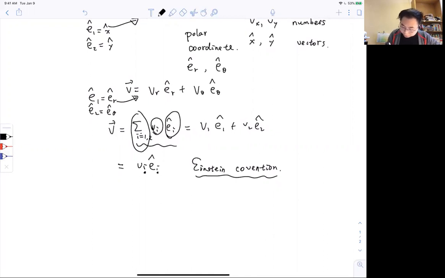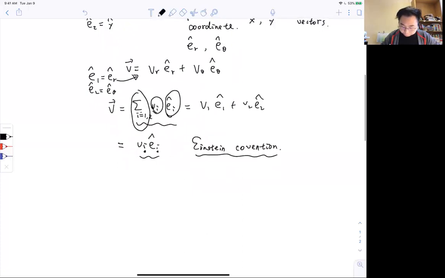The reason we ignore this sum is that when Einstein dealt with general relativity, there were many indices. Sometimes if you don't do this, you will get mu, nu, rho, alpha, i, j, k, a lot of indices, so it looks kind of ugly. So we just drop this sum symbol. Yeah, so this is for vectors.